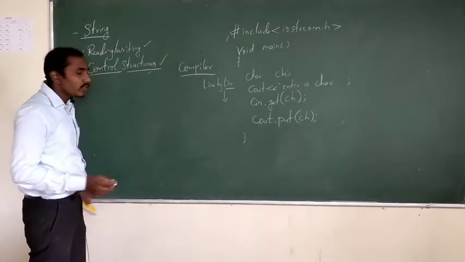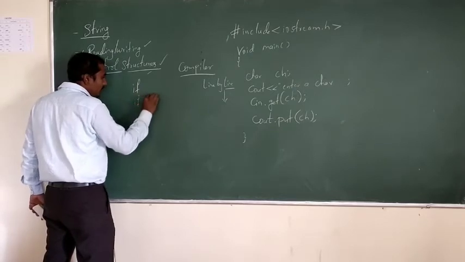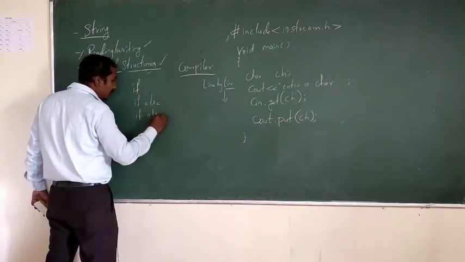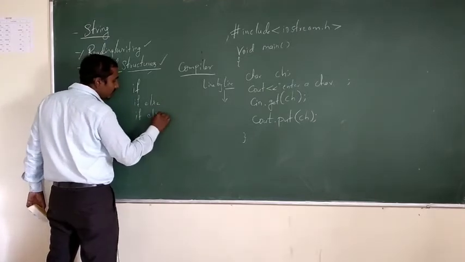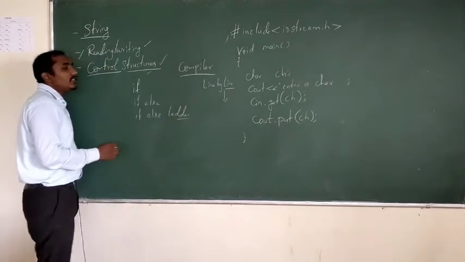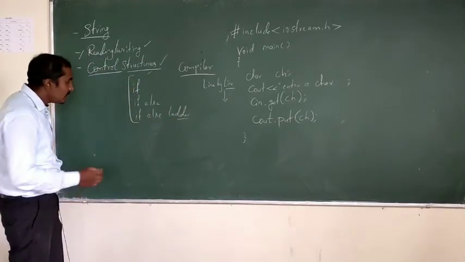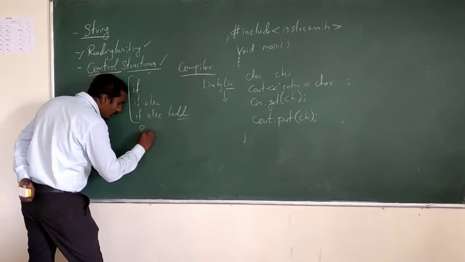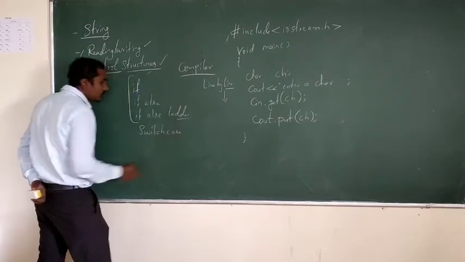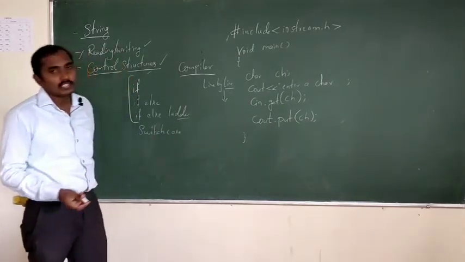The control structures that you already know are if, else, the else if ladder. These statements are considered control structures. Apart from this, you will also have switch case, which is also used to control your program sequence.